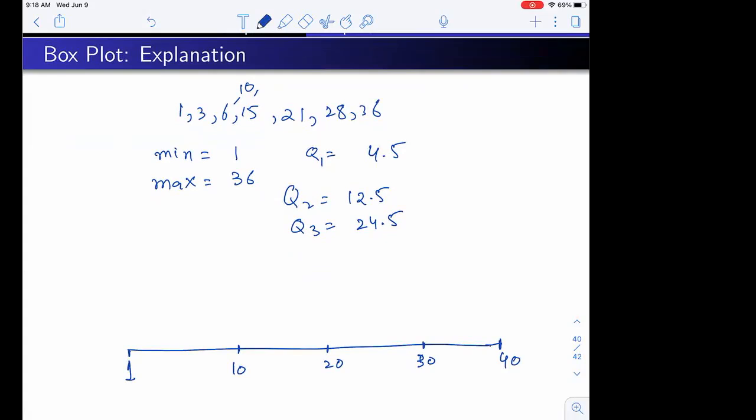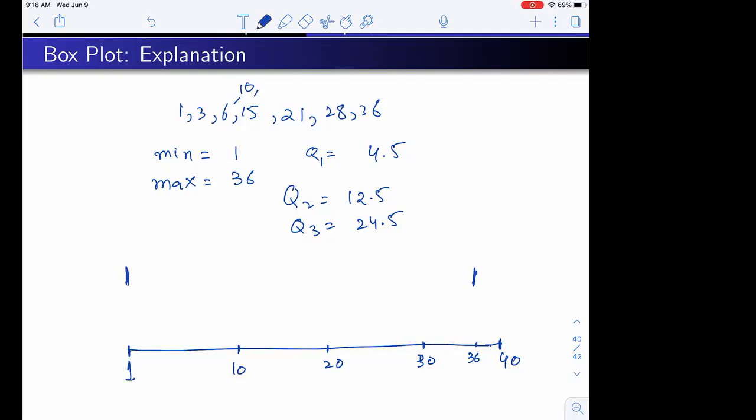Here 36 will lie approximately here. So right above, I'm making a line on 36. The minimum value is 1, which is here, so right above, I'm making a line on it.